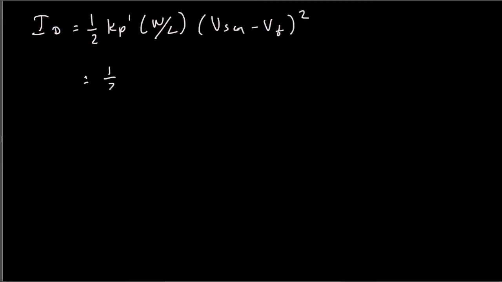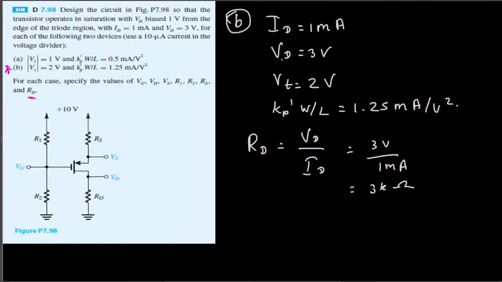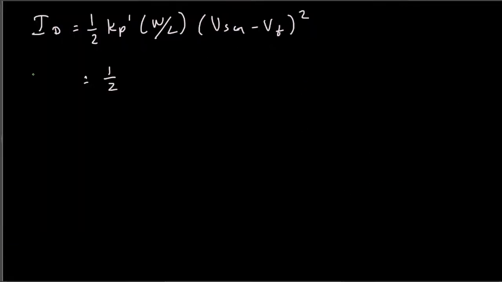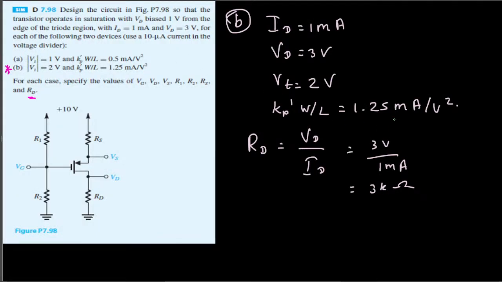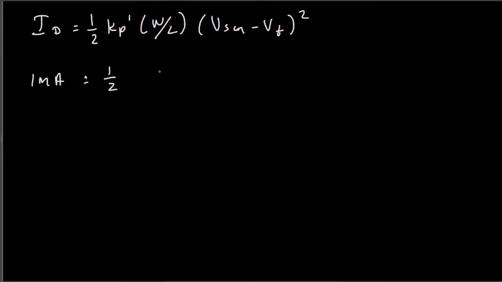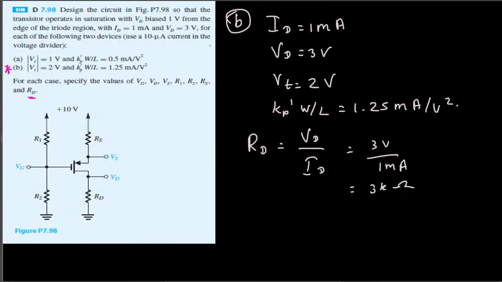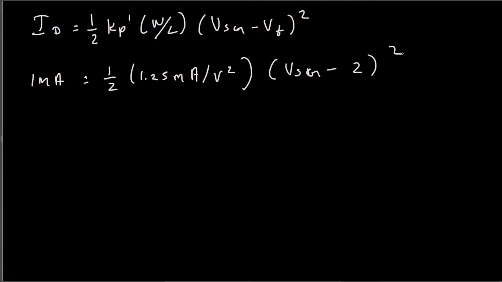So let's plug in all the known values. We know ID is 1 milliampere, and we know Kp prime W over L is provided, 1.25 milliampere per volt square. We don't know VSG, but we know the V threshold. For the B part, the V threshold is given to be 2 volts. So plug that in, square, and we don't have to worry about the unit because milli cancels, and the others are already in SI units.